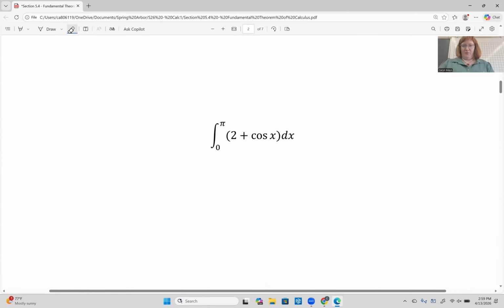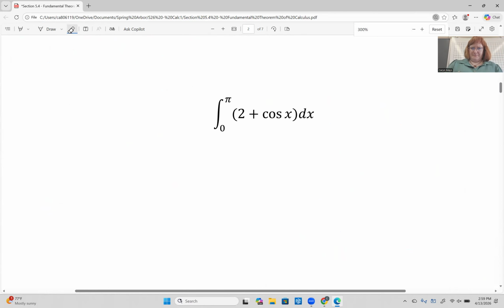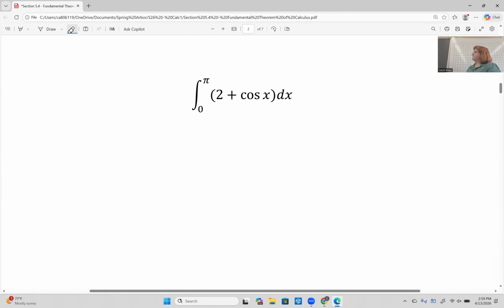Looking at another one. Steps to do. Antiderivative.